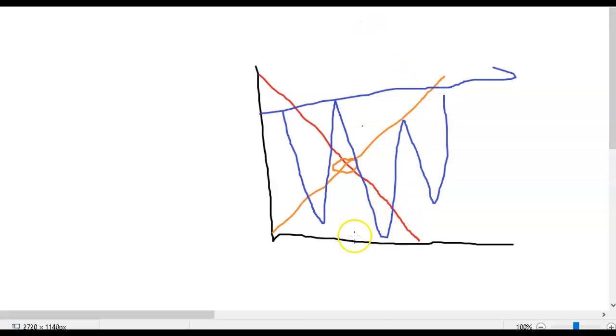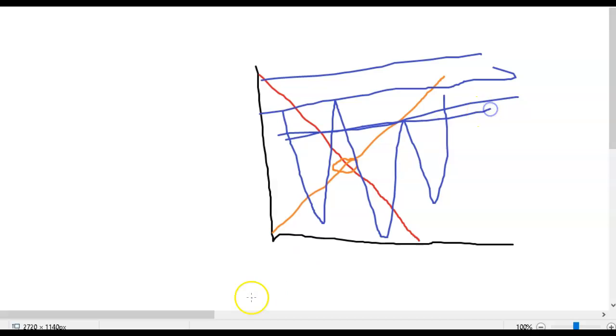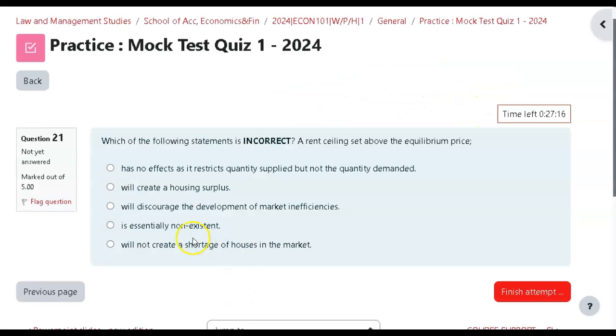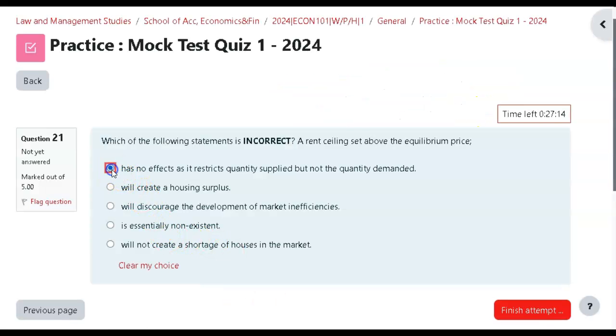If the market equilibrium is over here in the middle and the price ceiling is above, you are in the legal portion. So there is no change. You can have the price ceiling here, it won't affect anything. So if you go to the answer, it will be 'has no effects'. I won't even look at the other ones, because whatever answer says no effects, that's the correct answer.